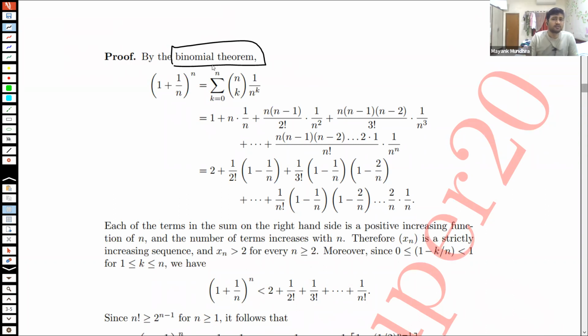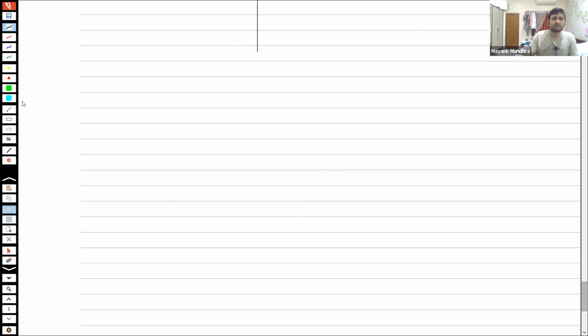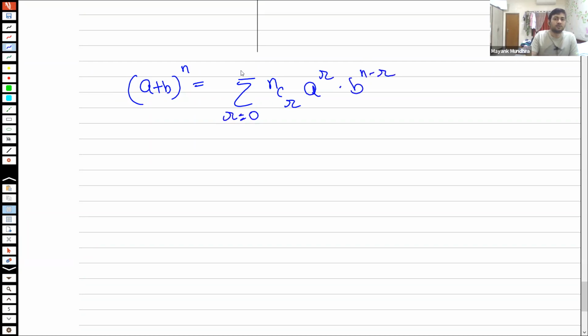But the way this works is, the binomial theorem basically says that (a plus b) to the power n should be equal to the summation of nCr a to the power r into b to the power n minus r, for r going from 0 to n.